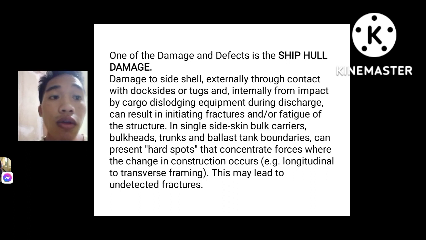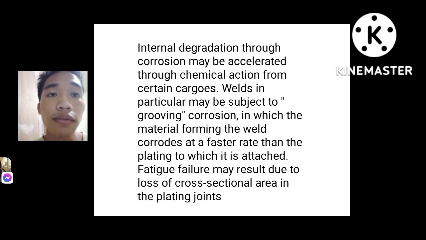In single side skin bulk carriers, bulkheads, trunks, and ballast tank boundaries can present hard spots that concentrate forces where the change in construction occurs, longitudinal to transverse framing, and this may lead to undetected fractures.